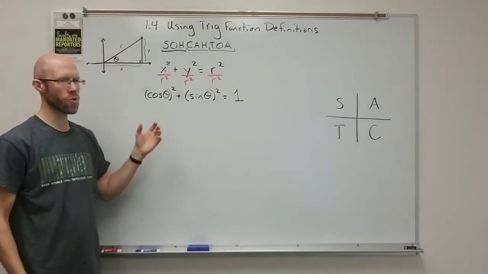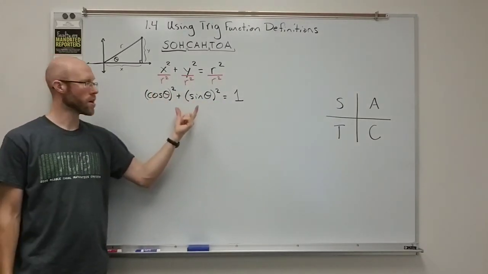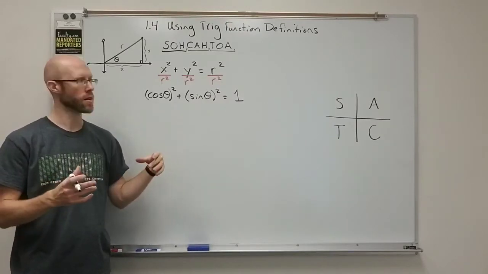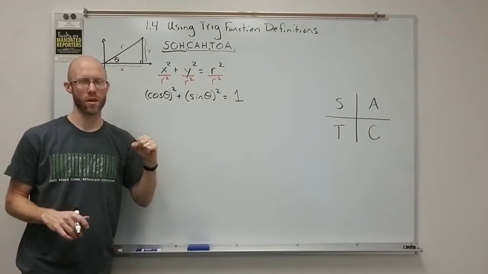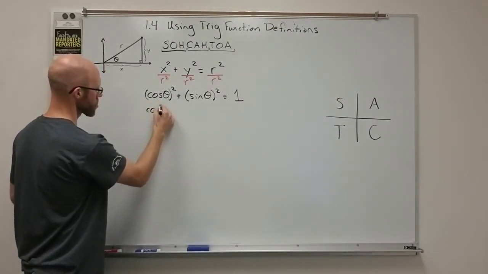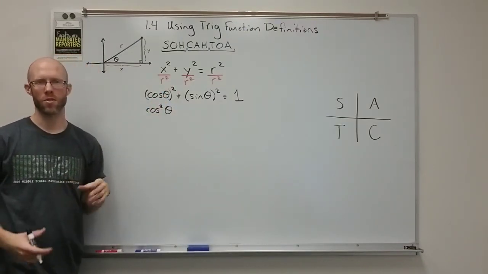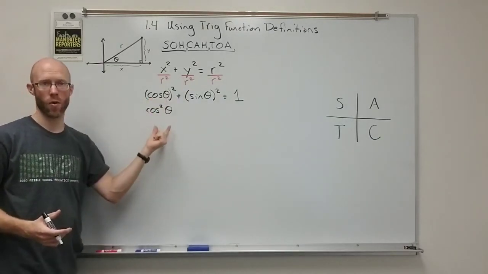Now we have a shorthand way of writing the square of a sine and a cosine because we don't always want to put these parentheses. We'll end up getting some really weird looking expressions. And so an easier way to write this is just to say the cosine squared of theta. We tack the square on the cosine. It doesn't really matter where it is. Essentially, you calculate the cosine and then square that value.